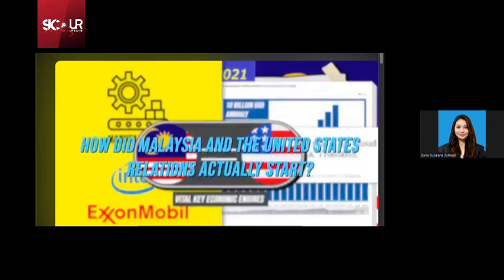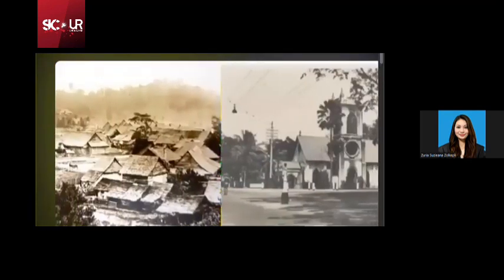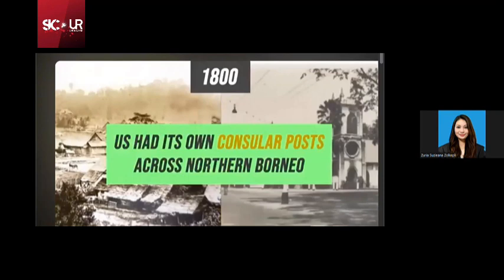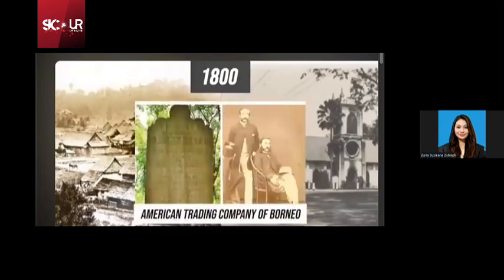But how did Malaysia and the United States relations actually start? And what were the major key points that led them to where they are today? Malaysia-US relations have had very long and deep commercial and consular interests with one another, one that stretches way back to the 1800s, where the US had its own consular posts across northern Borneo. During the century, it even saw the emergence of the so-called American Trading Company of Borneo, where the company operated with Chinese investors and acquired lands in the country.